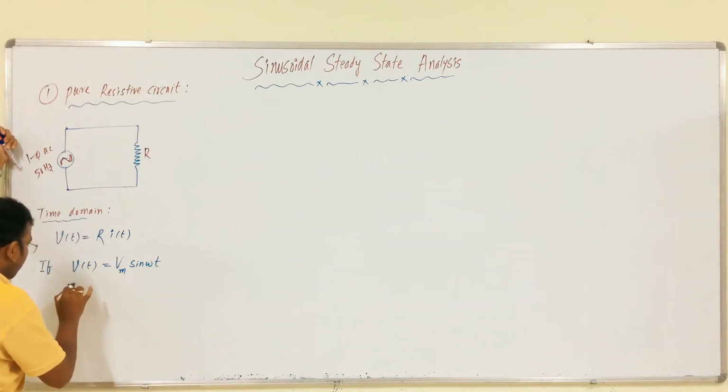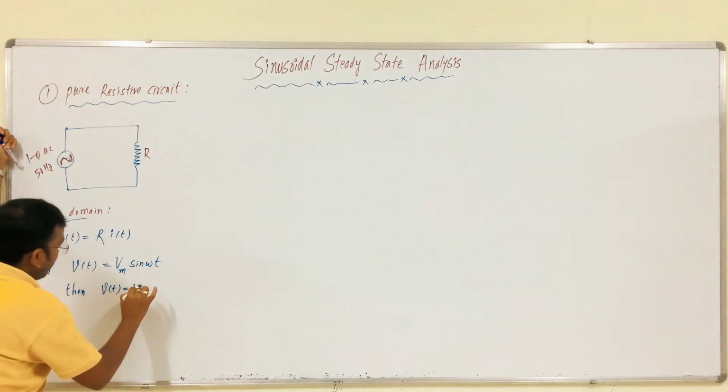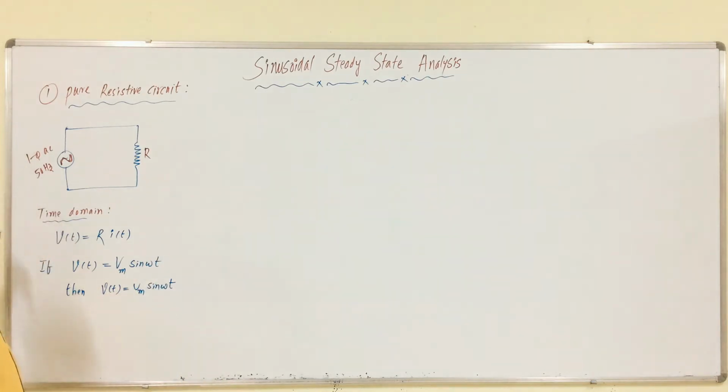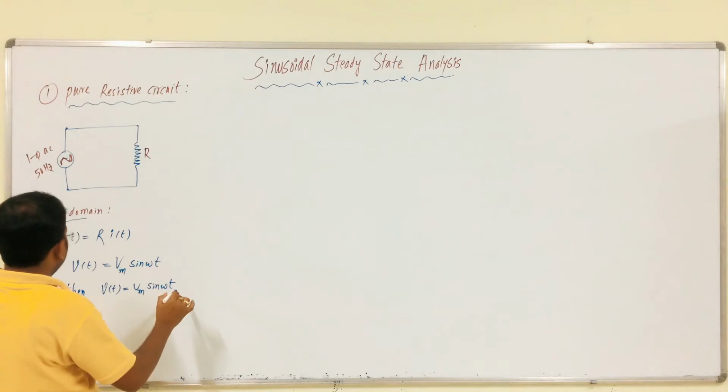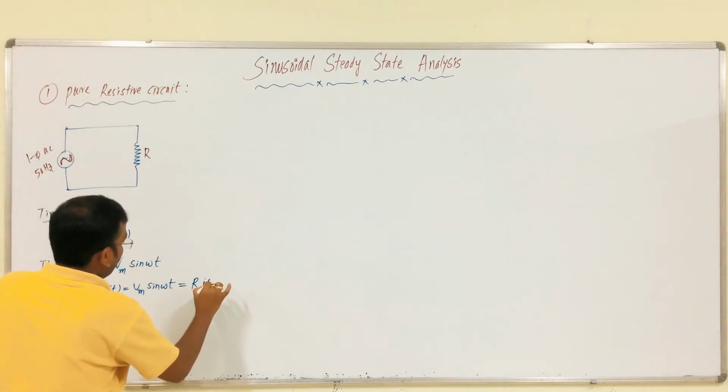Then Vm sin omega t equals R into I of t.